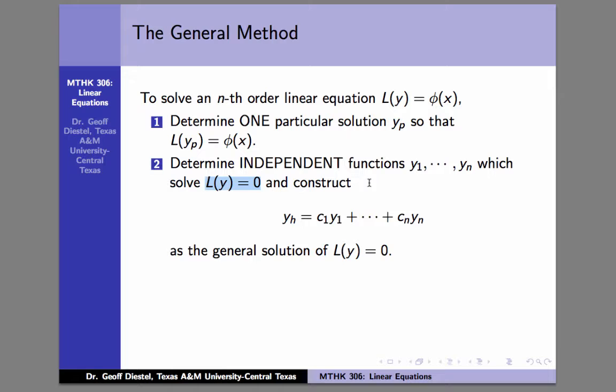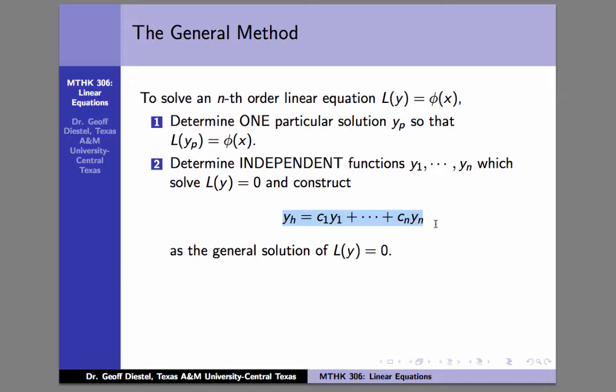So when we find these n functions that solve this homogeneous equation, we can construct a general solution called y sub h for the homogeneous solution. And the linearity of L is what makes this make sense. Because if I plug y sub h into our differential operator L, it's just like plugging in this sum.